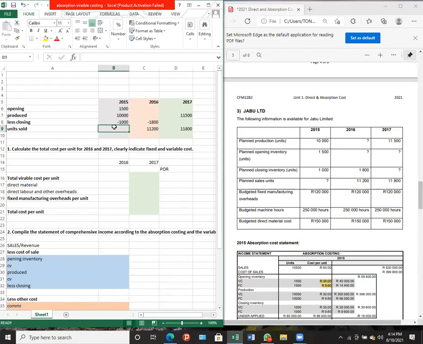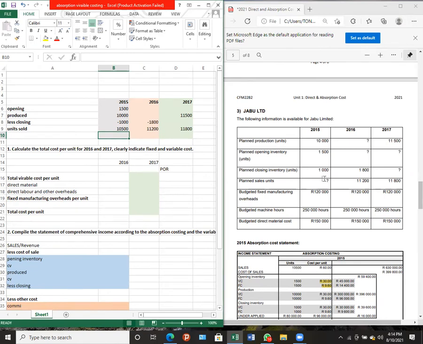To calculate the units sold is equal to opening plus produced minus closing. Here I just show you how they got the number of units sold in 2015, which is 105. If you check here, it's 105.